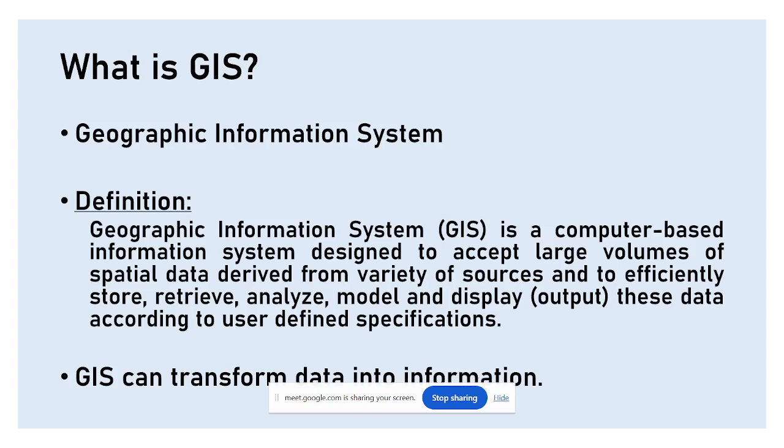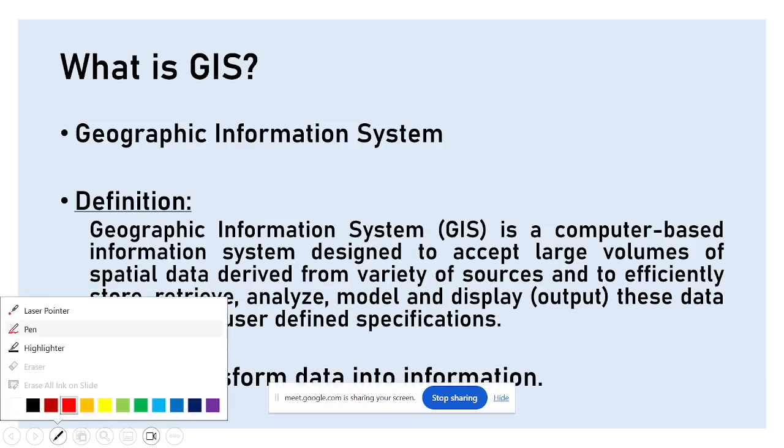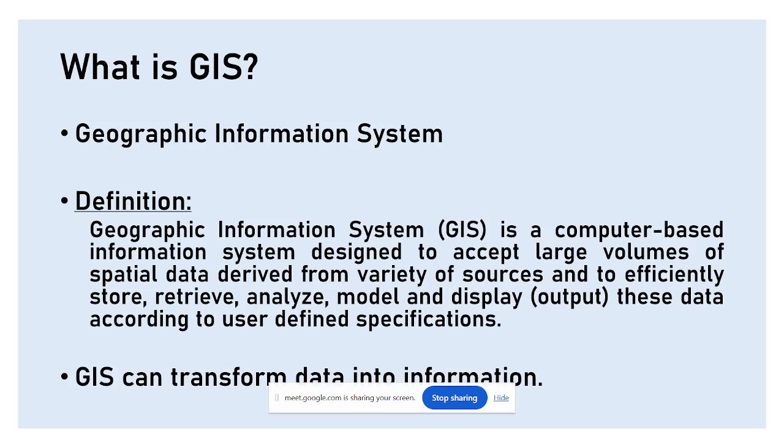So basically, if you look at this name, Geographic Information System. I have some problem with my pen, so I'll try to do it with the screen itself, but I hope it's legible to you. We have this geographic information system, right? So we'll break it down.